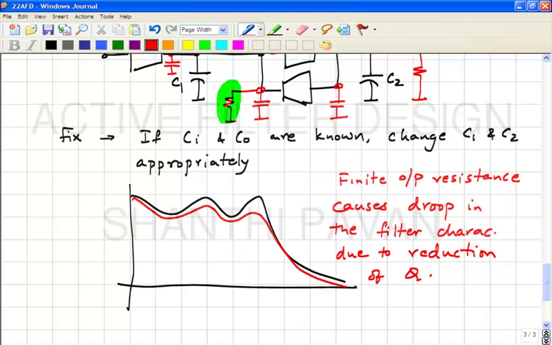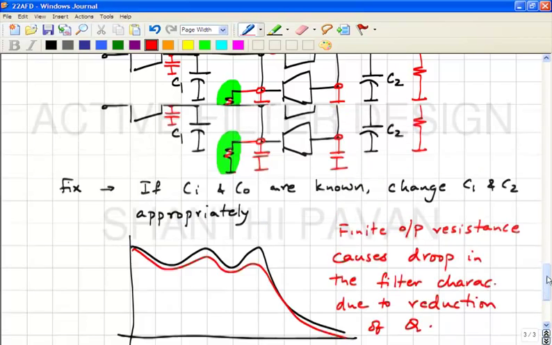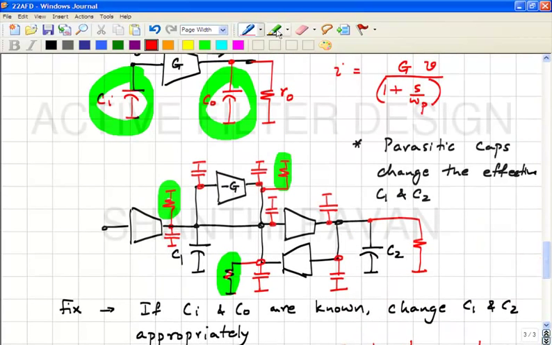Is this clear? Okay. Now, what do you think will happen because of this resistor? This guy. This is the resistance due to the output impedance of this guy. What happens to the DC gain? How much will it be?